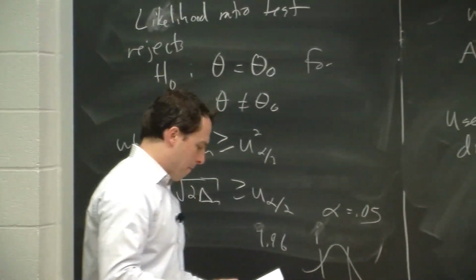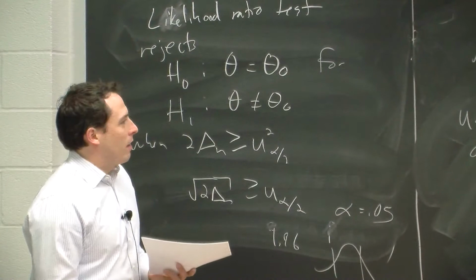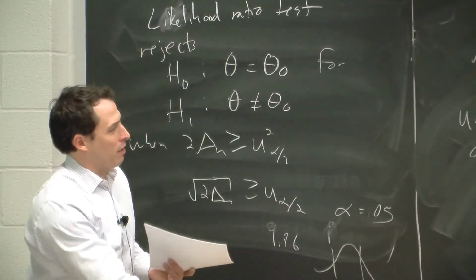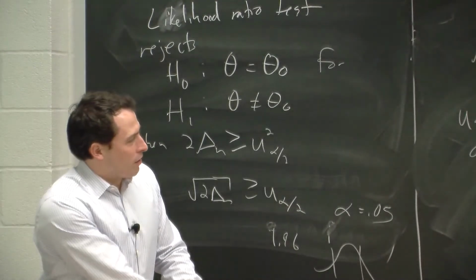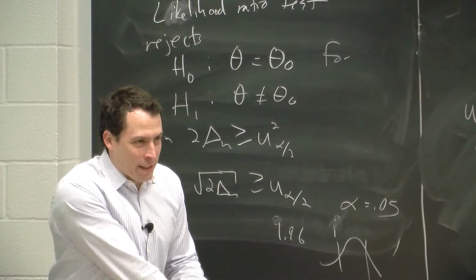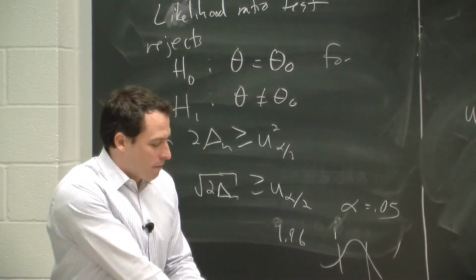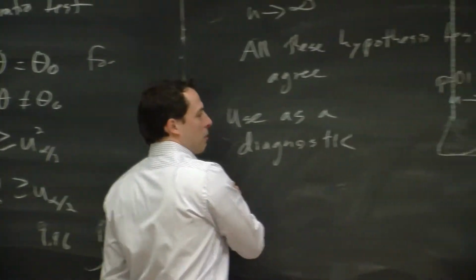Okay, so why didn't I give you a quick picture of how to calculate the intervals for these other tests? Why do you think I didn't do that yet? Is it clear how you would create that interval?